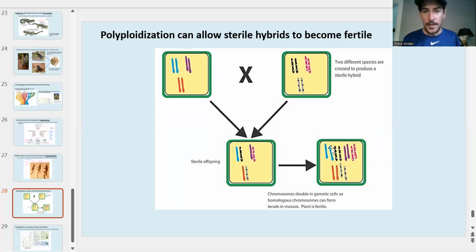And this can allow the offspring of a hybrid mating to become fertile. And if this happens to multiple hybrid offspring in a population, those hybrid offspring can come together and produce their own offspring that will presumably also be fertile. And so polyploidization has been a pretty effective way of allowing sterile hybrids to become fertile.